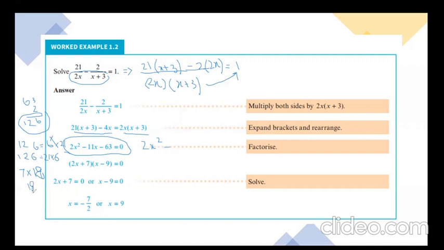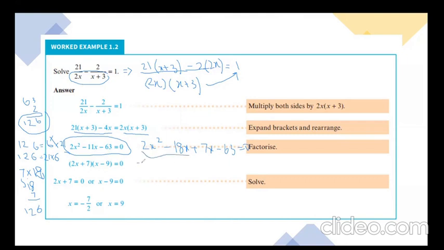Multiplying 18 with 7: 8 5s are 40, 8 6s are 48, 8 7s are 56, so this must be 126. So the numbers must be 18 and 7. So it's minus 18x plus 7x minus 63 equals 0.